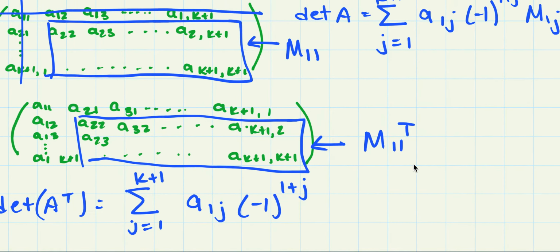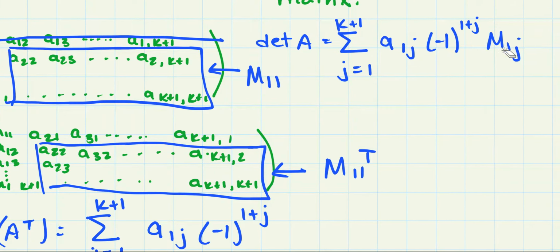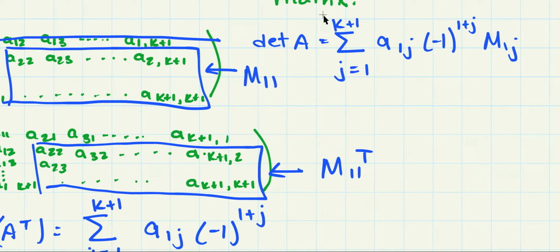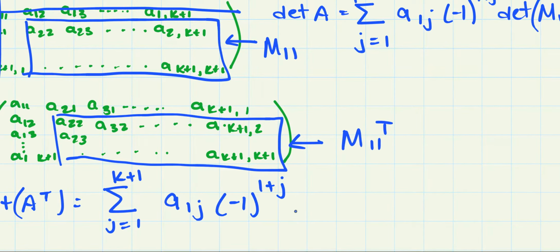So what I should write here, sorry, is the determinant of M1j, so let's fix that. I'm going to put the determinant of M1j transpose.